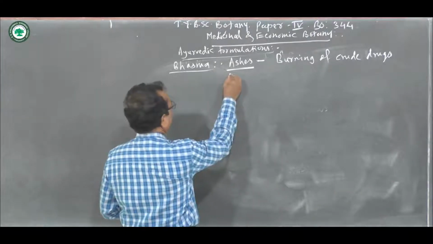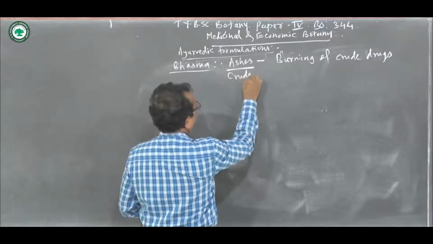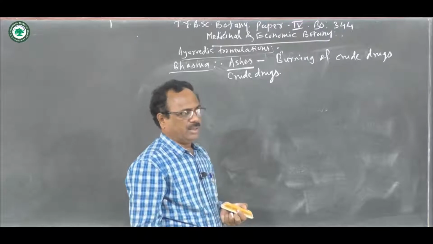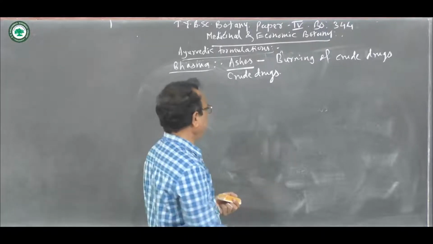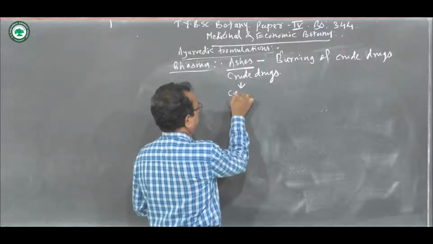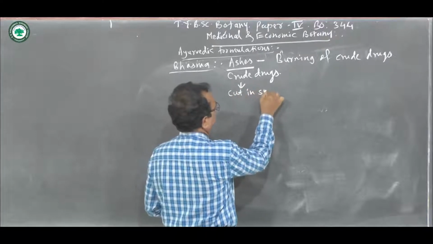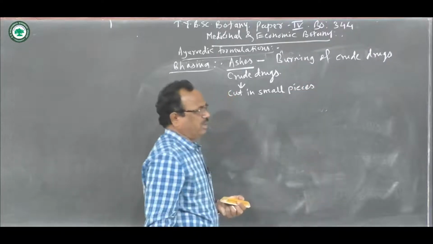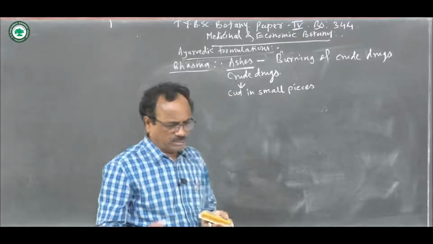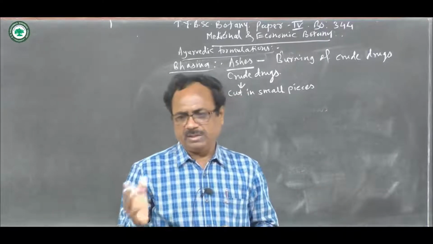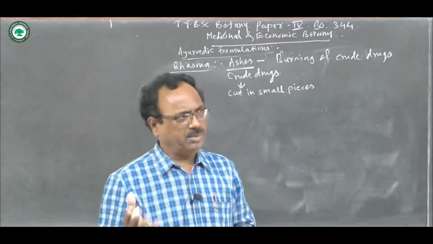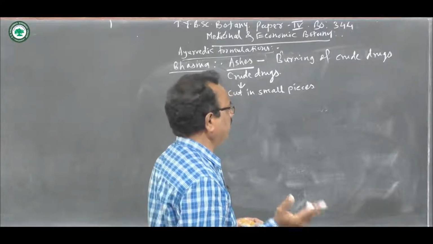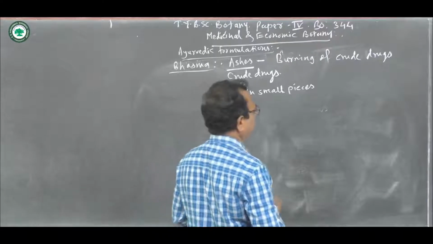So, in the preparation of the Basma, firstly, these crude drugs are taken. Then they are cut into small pieces. The crude drugs used for the preparation of these Basmas may be of plant origin, animal origin, or mineral origin.